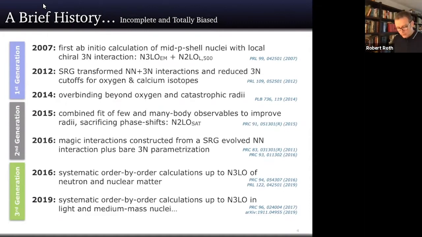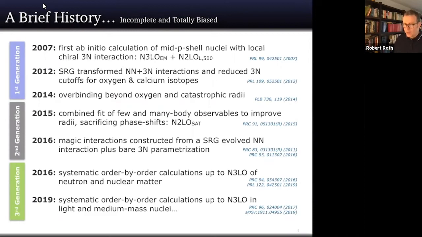But when you do that, you discover that you have to sacrifice something. And in this particular case, the Oak Ridge people had to sacrifice the accuracy of the phase shift description. Actually, this interaction does a terrible job on the two-body phase shifts. So that's a radical departure from the paradigm of using realistic interactions, if you want.